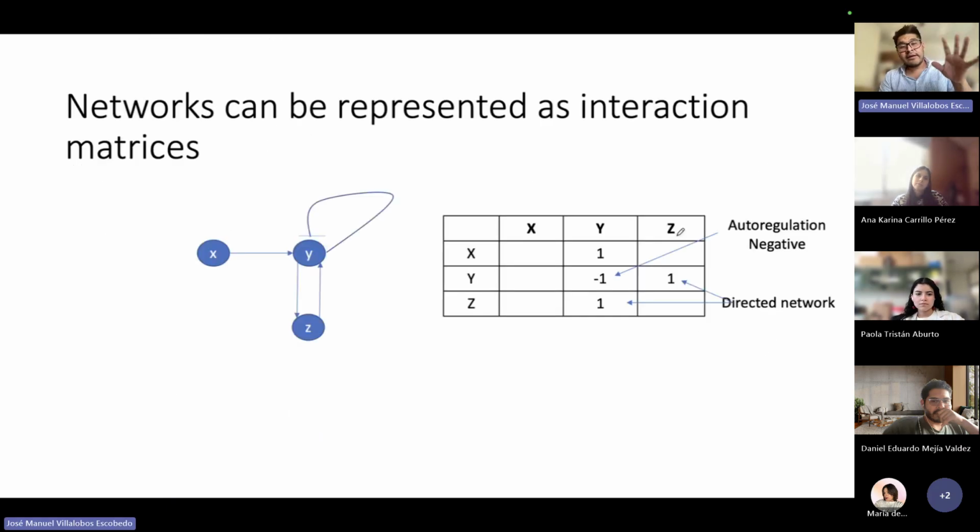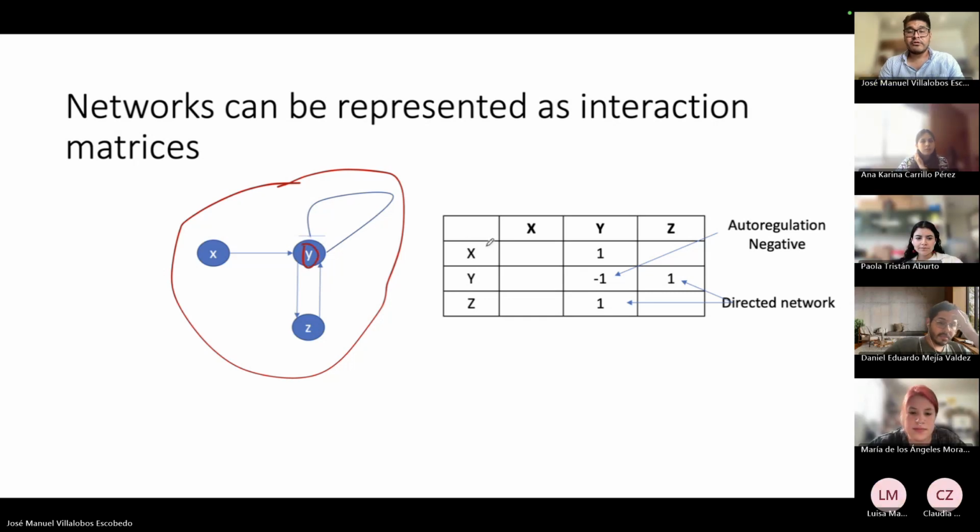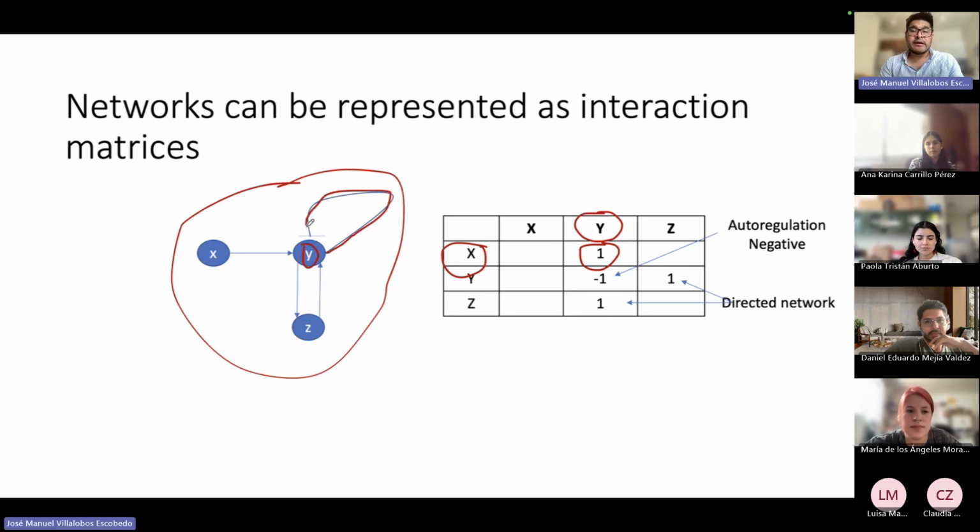And this kind of connection can be used to build a matrix. For example, here in this simple network, you can say X is activating Y. So X in interaction with Y is a real, positive interaction. And probably X is using a mechanism of autoregulation, like a feedback.